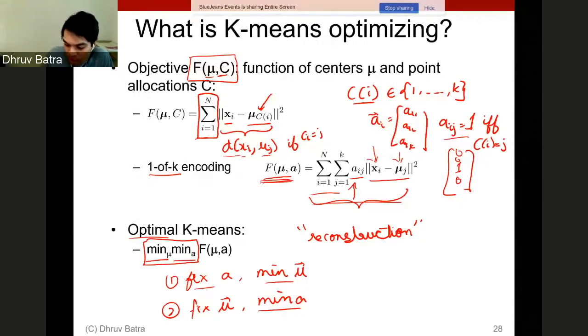And with the L2 loss function, minimizing is the same as finding the centroid, but this is not always the case if your distance is not L2.